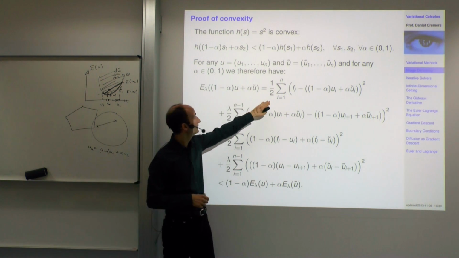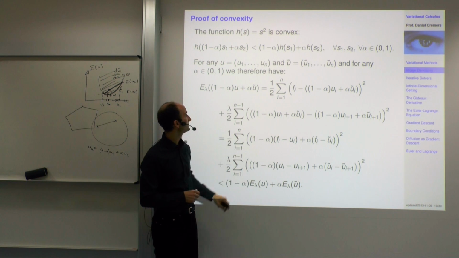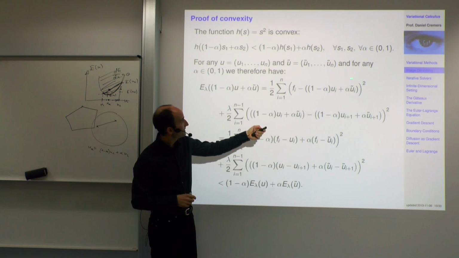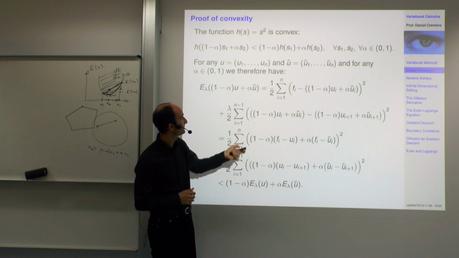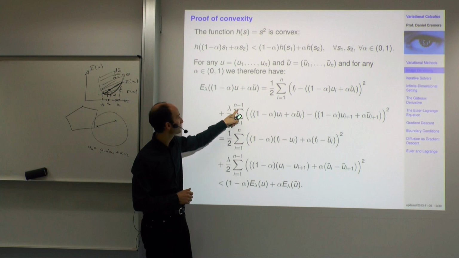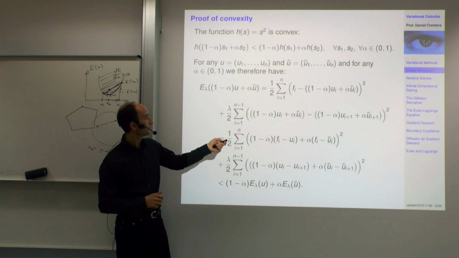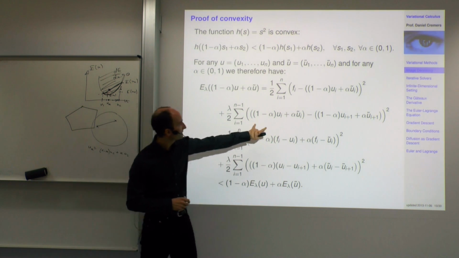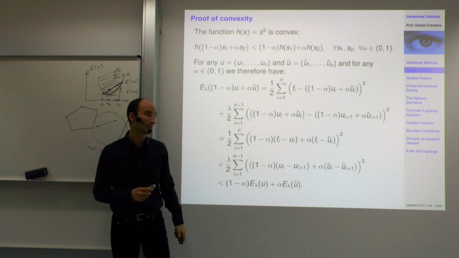How do we do that? Well, we take E lambda at a convex combination of U and U tilde. That reads like that: F_i minus the convex combination at pixel i, squared, plus lambda over 2 times the sum of the convex combination at pixel i minus the convex combination at pixel i plus 1.